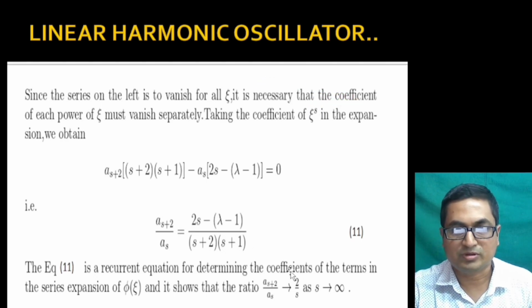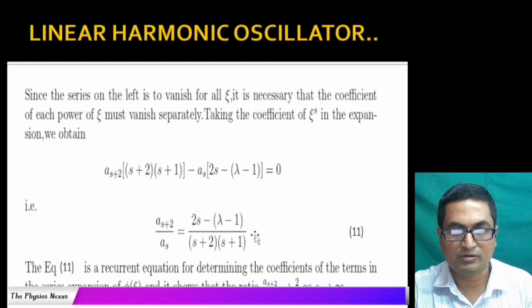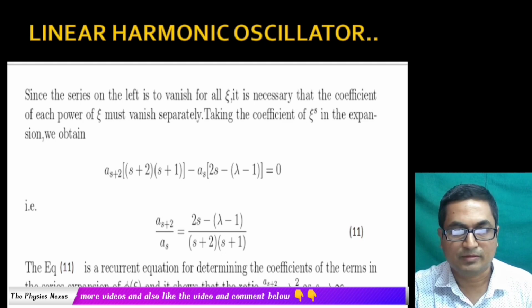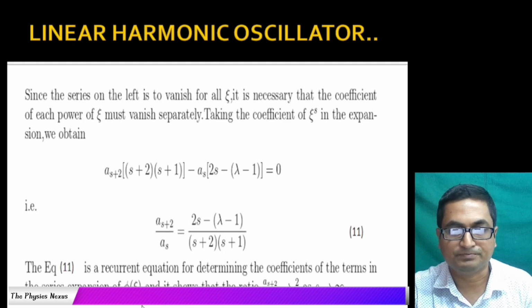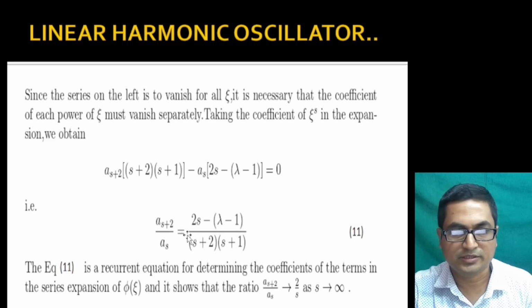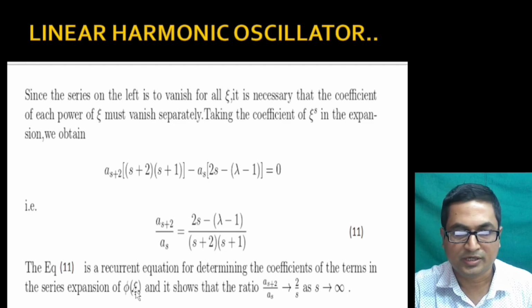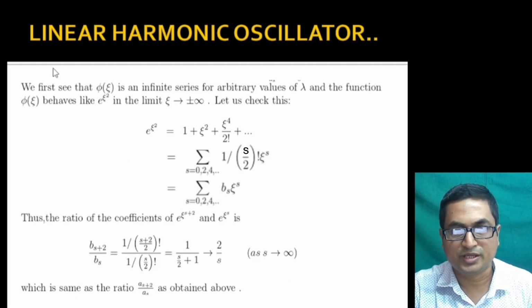Now our main aim is to find out the form of phi as a function of xi, and it will be helped by equation 11 in finding this form. We'll see that since it's an infinite series, we put it in this form.